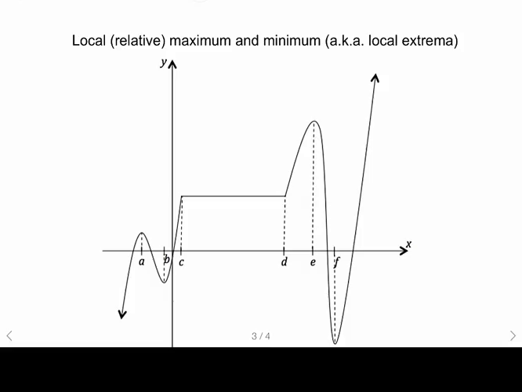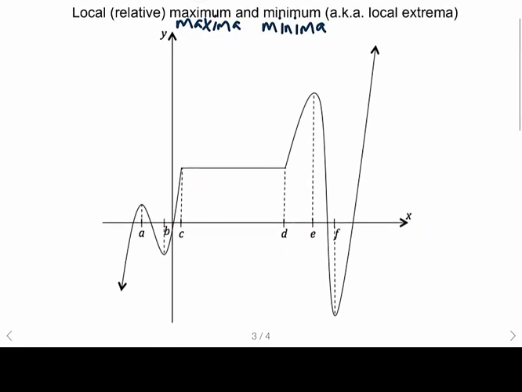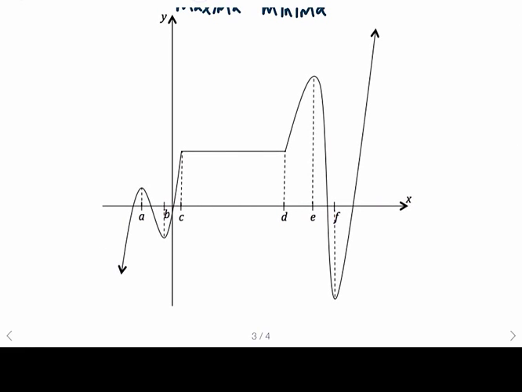Next, we're going to look at local or relative maximum and local or relative minimum. These are referred to as local extrema. And in fact, if you have more than one, the plural of maximum is maxima, and the plural of minimum is minima. I'm getting a lot of mileage out of this graph, aren't I? Again, intuitively, it should make sense: a local maximum is like king of his own hill.